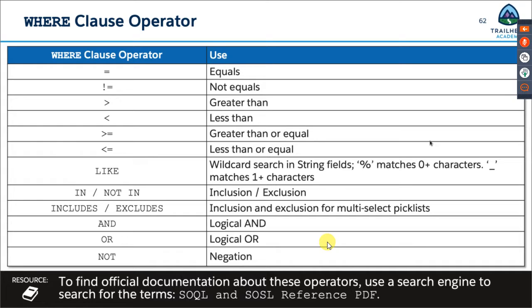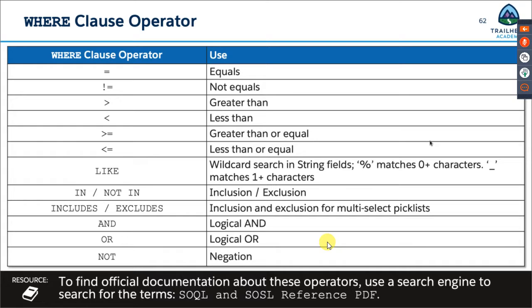Because of the way multi-select picklist values are saved in the database, as one string of semicolon-separated values, it makes it really hard to do a text search to see whether a value was selected or not. So Salesforce created the INCLUDES and EXCLUDES operators for those.